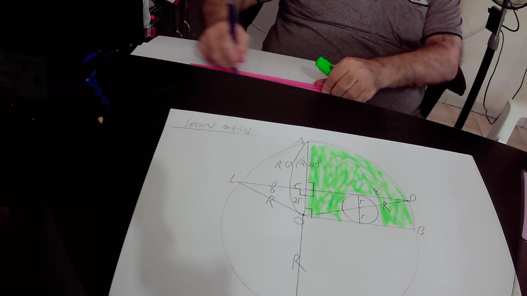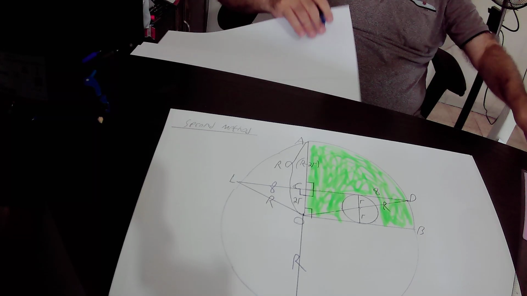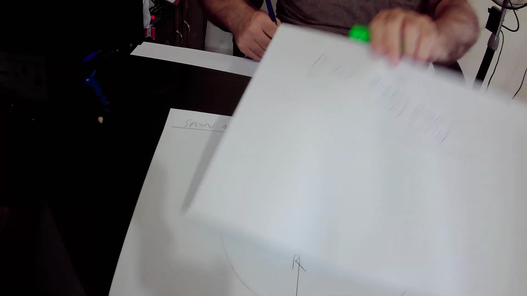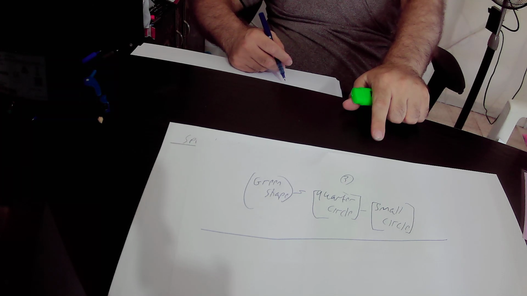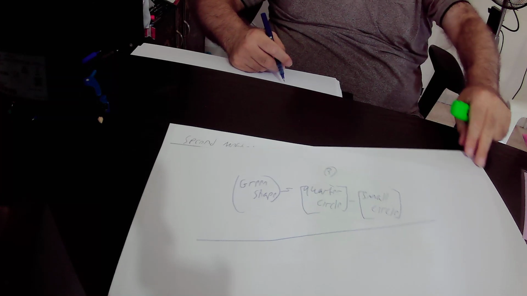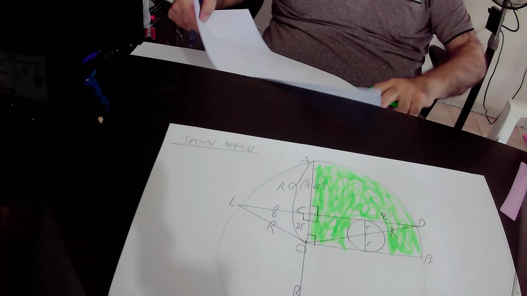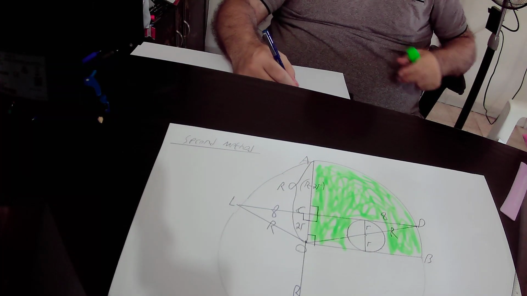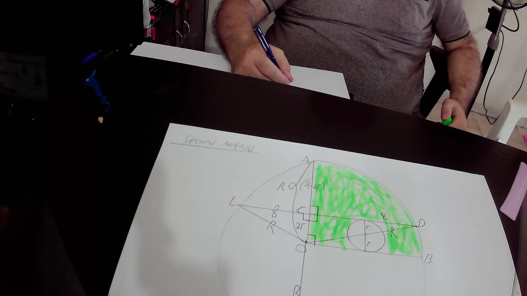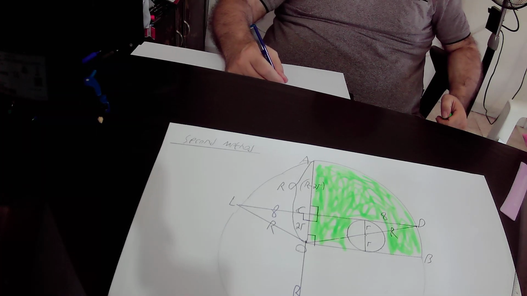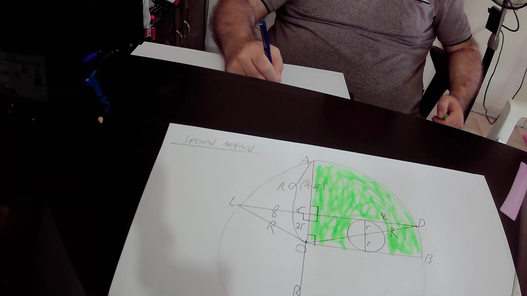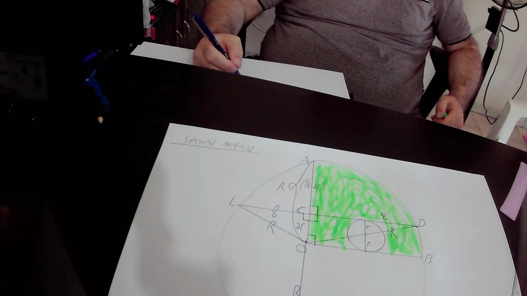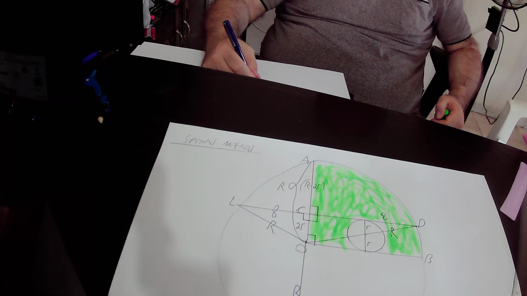Repeat again the equation. The area that we are looking for, the area of the green shape, equals the area of the quarter circle, pi capital R squared over 4, minus the area of the small circle, which is equal to pi R squared.